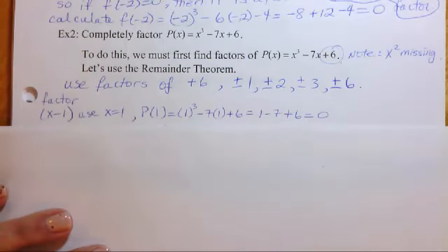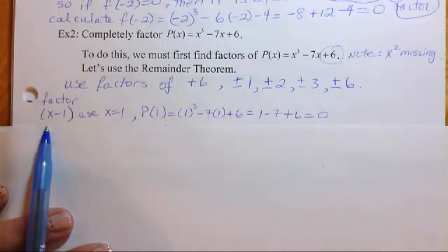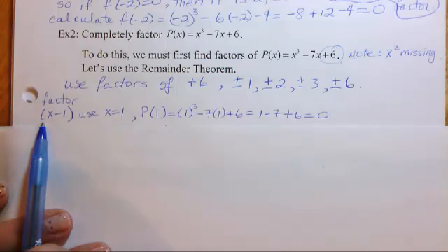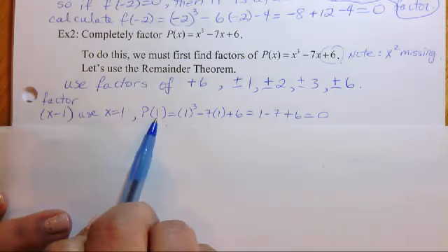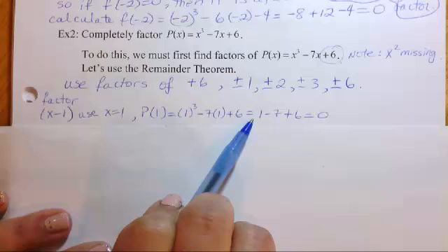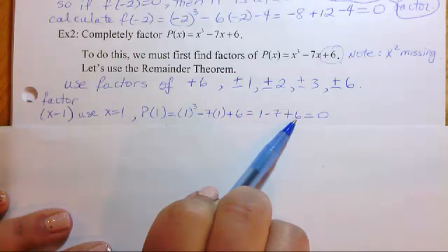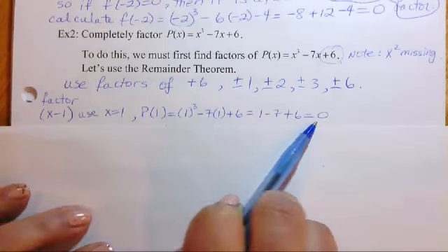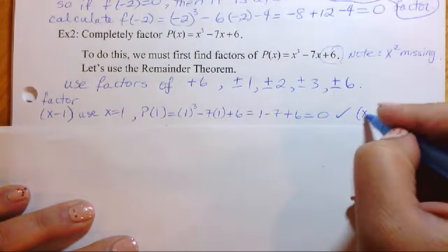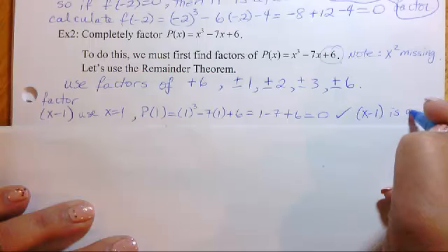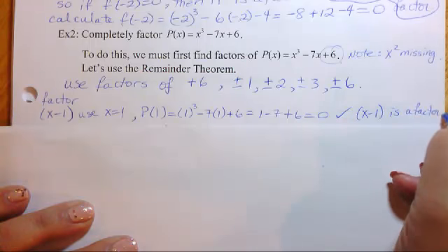So let's start with the factor x minus 1. We're going to use x equals 1, and in p of x, we're going to plug in the 1 wherever you see the x, and then we see the result is 0 for this one. Since it's 0, x minus 1 is a factor.